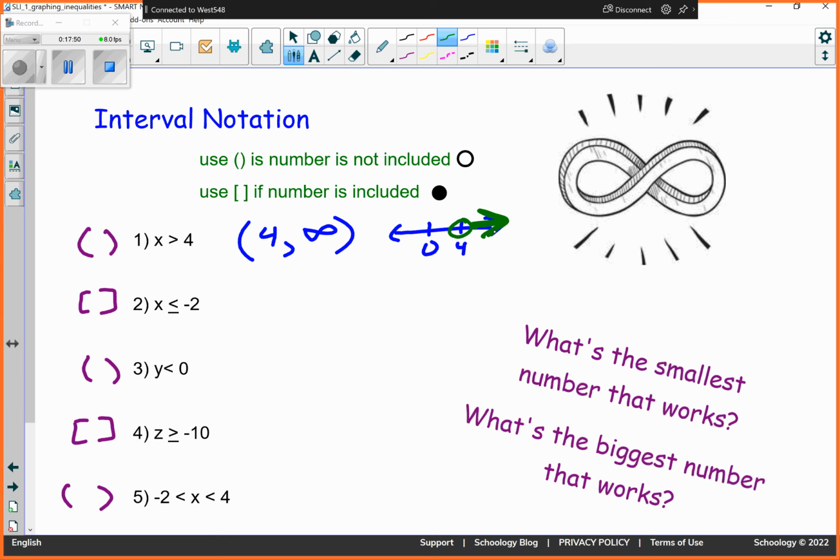Those mean the same thing. Interval notation is mathematically more accepted than putting a number line. But take a look at a couple of features up there. We do have our number line represented. Notice I have a parenthesis. I'm going to start referring to parentheses as soft brackets, and the square brackets as hard brackets.